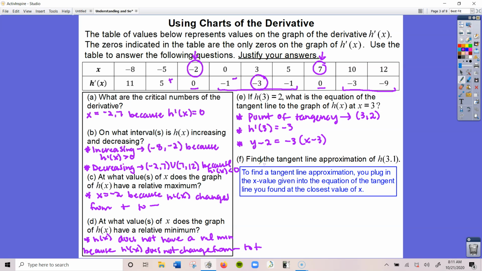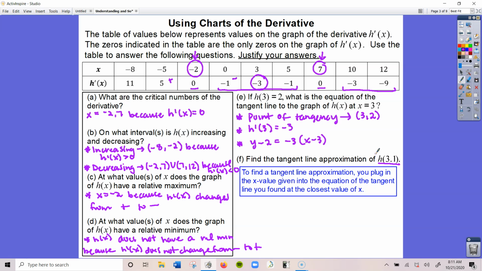And then we're going to find the tangent line approximation of h of 3.1. Now, what does this mean? When we're finding a tangent line approximation, we're trying to approximate the actual function value of h of 3.1. Now, this is the derivative chart. We don't know anything about the function. We don't know what this value would be.